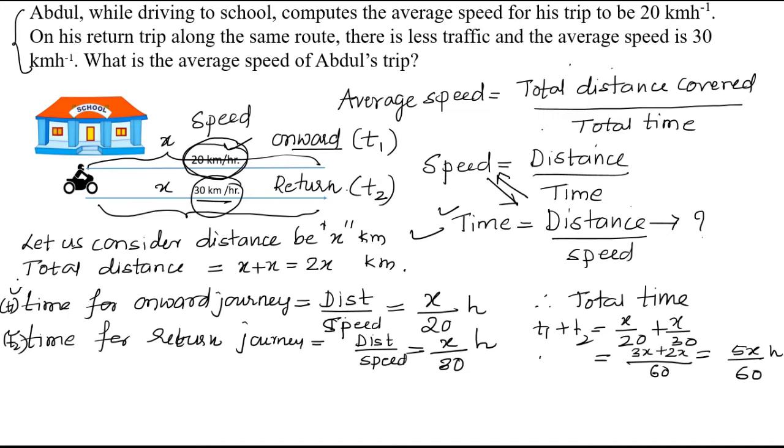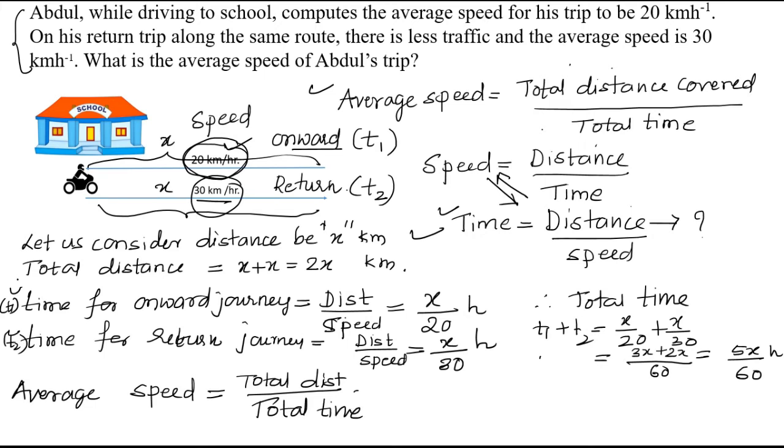And therefore now we will calculate the average speed. Average speed is equal to total distance covered divided by total time, which is equal to total distance x plus x, that is 2x, divided by 5x by 60.